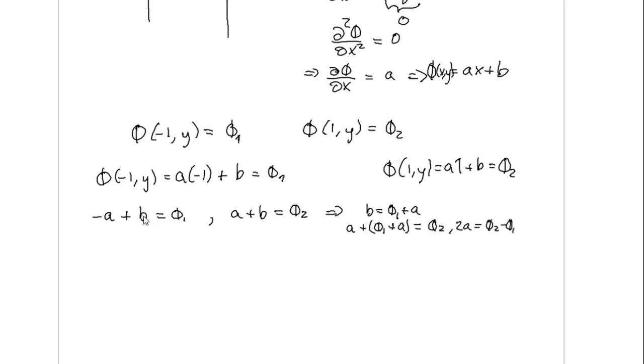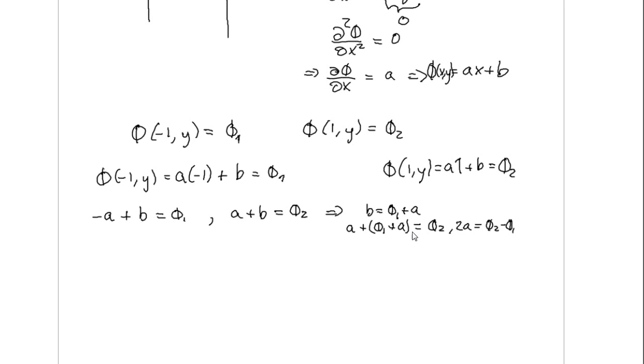We can, for example, express this second equation in terms of b, obtain that b is equal to phi 1 plus a, and then we insert this value in the first equation and obtain just this equation.